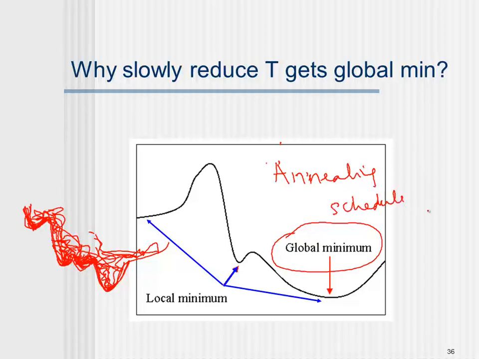There's a mathematical proof that if you reduce the temperature in an appropriate way, in other words if you have a good enough annealing schedule, you are guaranteed to get a global minimum. But that annealing schedule is unrealistic.